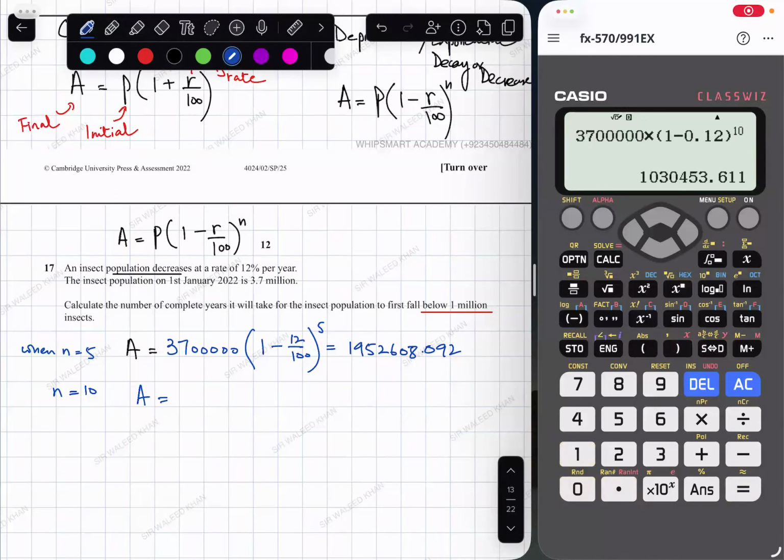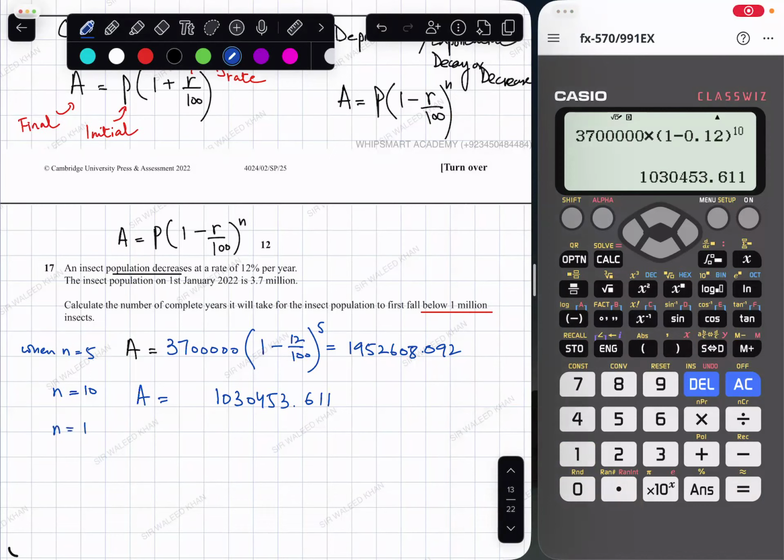Now you can see it's coming down a bit, right? Now it is getting closer. A is 1,030,453.61. So it is closer to 1 million.